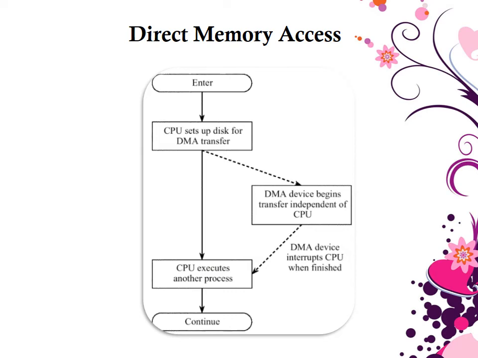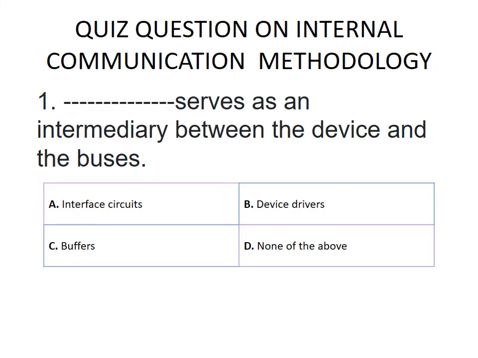Once the DMA device begins the transfer independent of the CPU, the data gets transferred, and the DMA device interrupts when the process is finished, and then the CPU starts executing another new process. So this is the chain process of DMA. If it is interrupted, then that particular thing will wait, and then again the process will be resumed. This is how the chain process works.